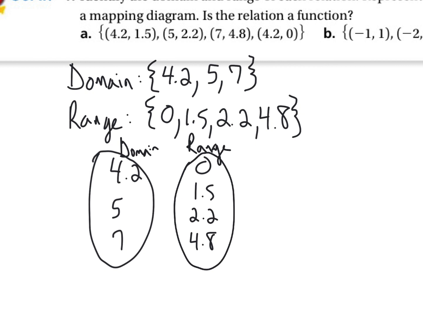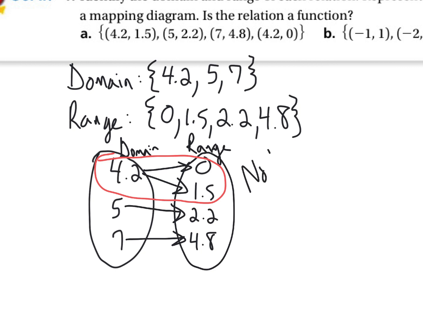So 4.2 goes to 1.5, 5 goes to 2.2, 7 goes to 4.8, and 4.2 goes to 0. So right here we've got a problem again. We've got the same X value going to two different Y values, so this is not a function.